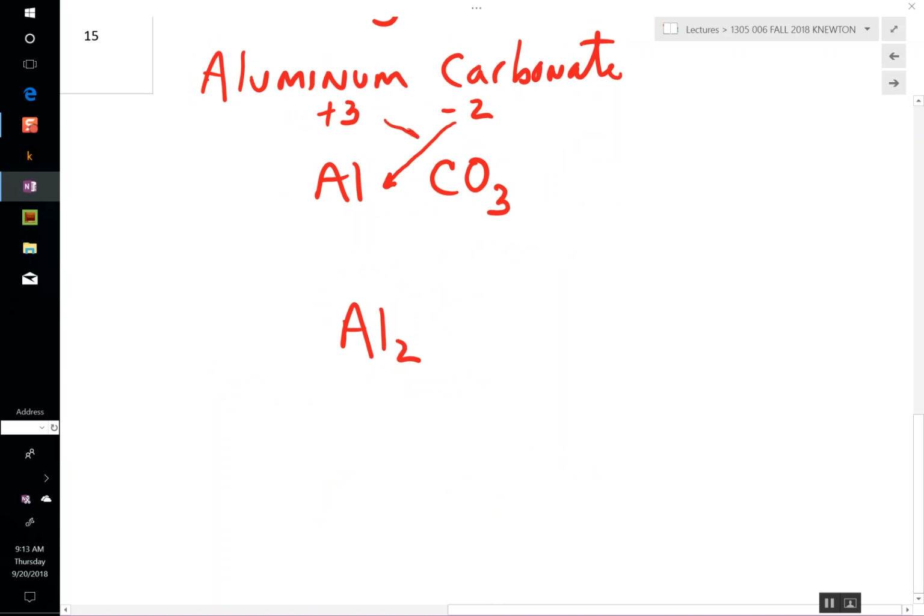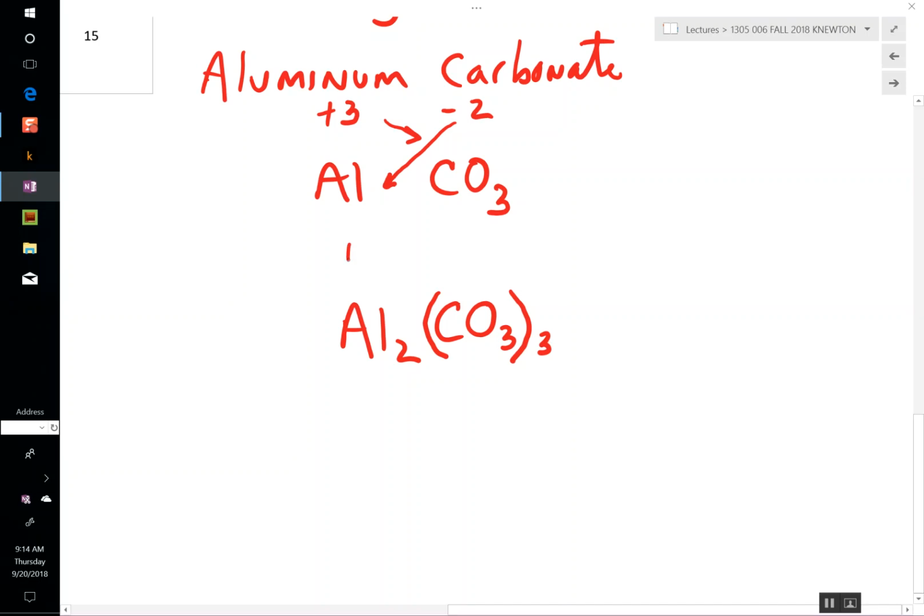The 3 is going to go over here. But we are not going to do this. That's 33 oxygens and 1 carbon. That's not 3 carbonates. What we are going to do is now put a parenthesis around the polyatomic ion and write a 3 outside the parentheses. So the formula of that is Al2(CO3)3.